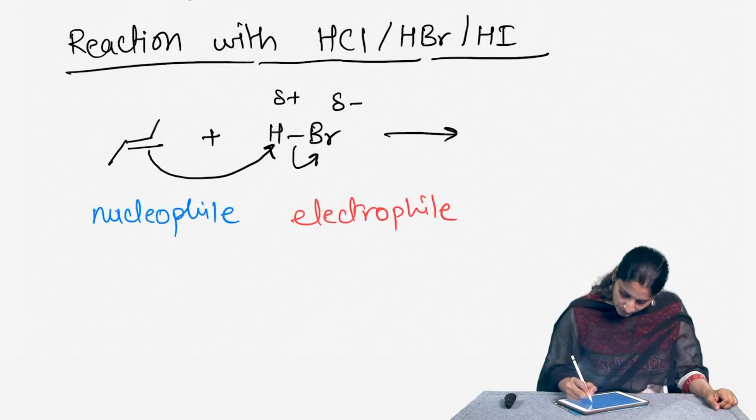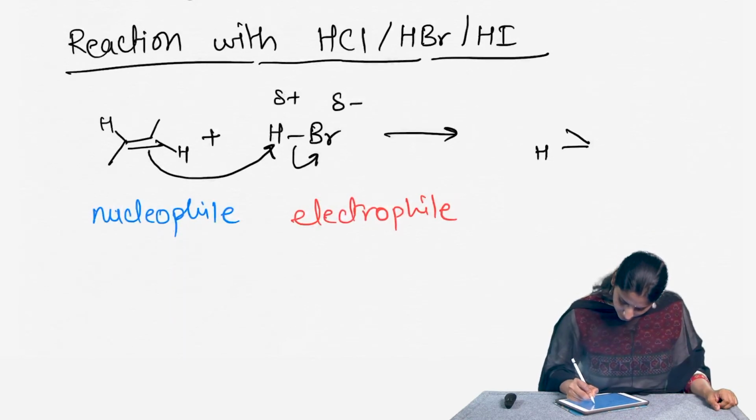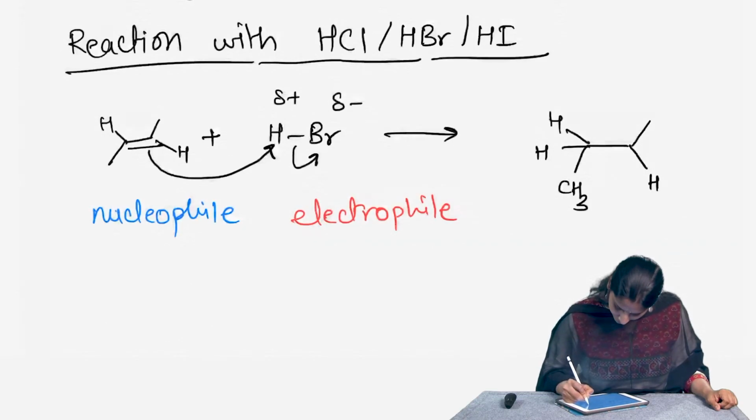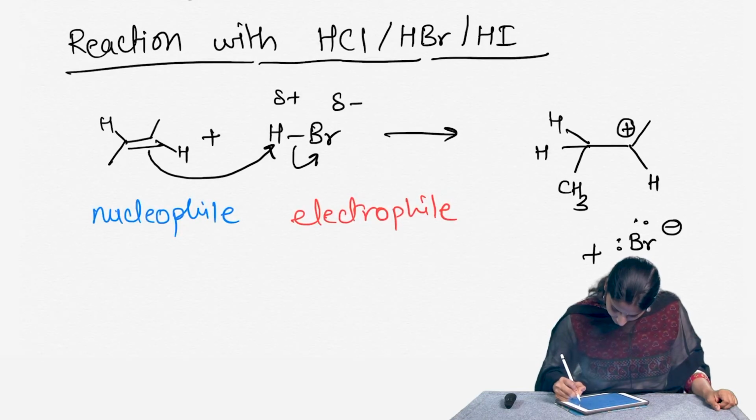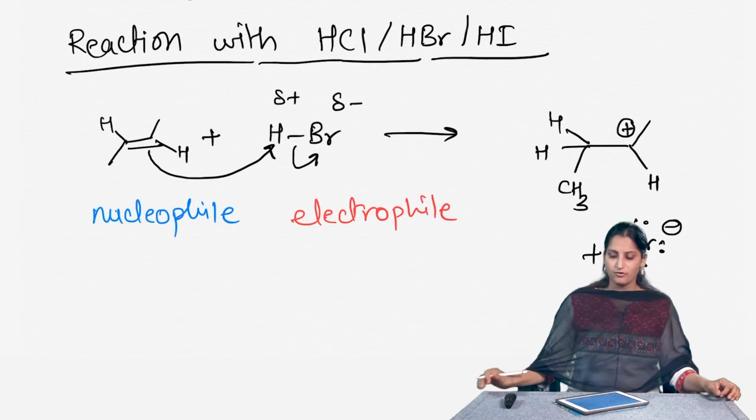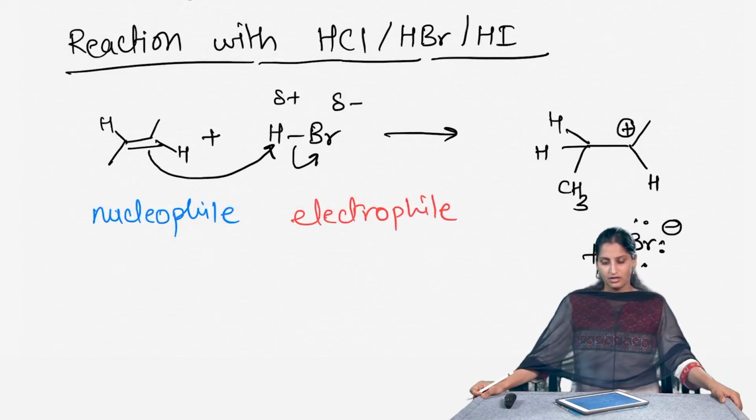So, I am going to give the hydrogen to the first carbon and form a bromide ion.